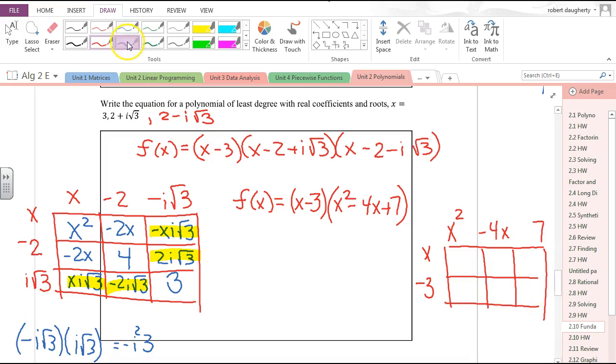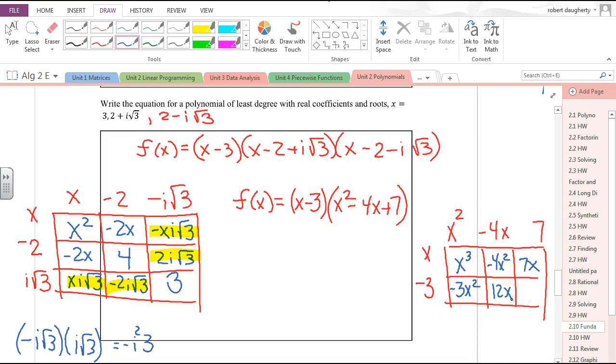X times x squared, x cubed. X times negative 4x, yeah, negative 4x squared. X times 7 is 7x. Negative 3 times x squared, yeah, negative 3x squared. Negative 3 times negative 4x, that's 12x, right?